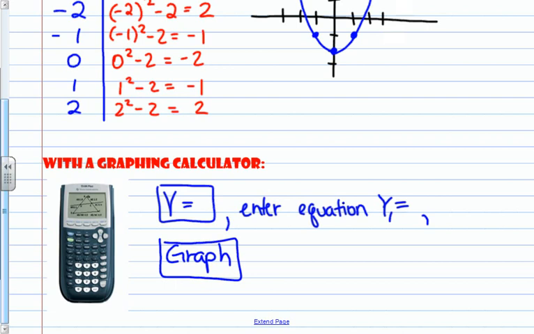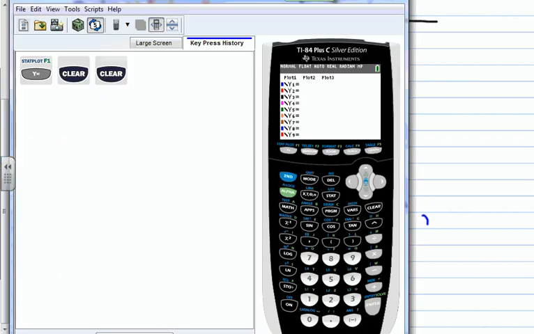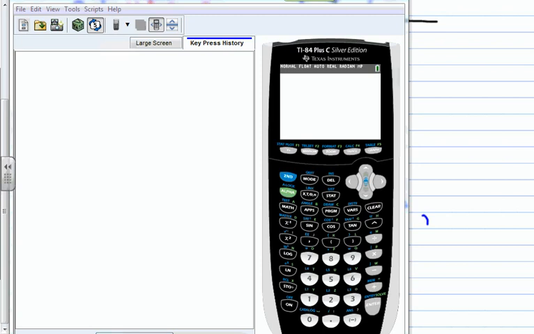And you'll have your graph. Now you can adjust the window to zoom in on different parts of the graph. All right, let me clear this. Okay, so clear. Oh, I need to clear it down here. That's the problem. All right, so start off by hitting y equals.